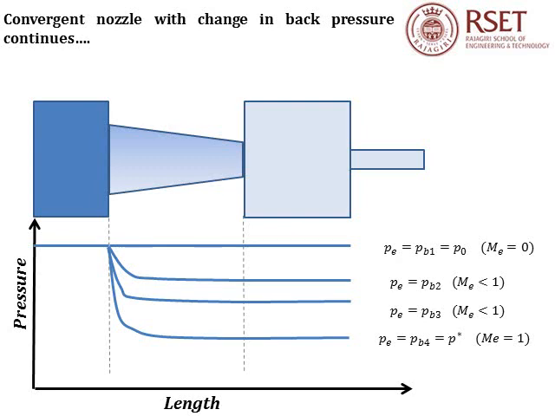So, for a given value of P0 and T0, we can have a value of mass flow rate that is maximum for the given condition. If we want to make any change to the mass flow rate, we have to change the stagnation condition.